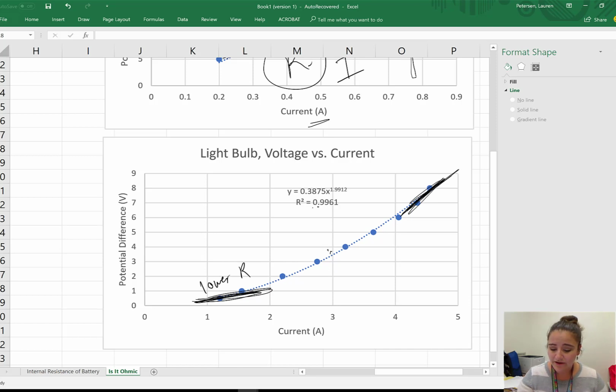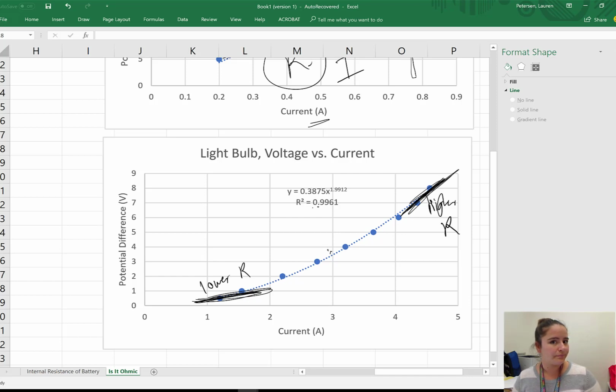At higher voltages, the slope changes a little bit and it has a higher resistance. So its resistance changes as the current and voltage change. And that's what characterizes it as a non-ohmic resistor.